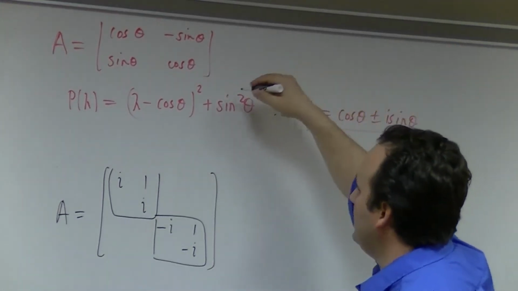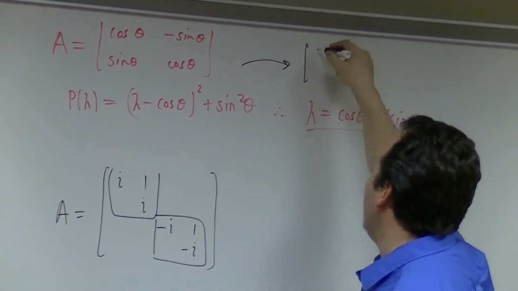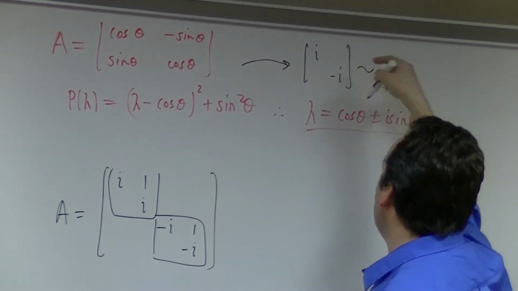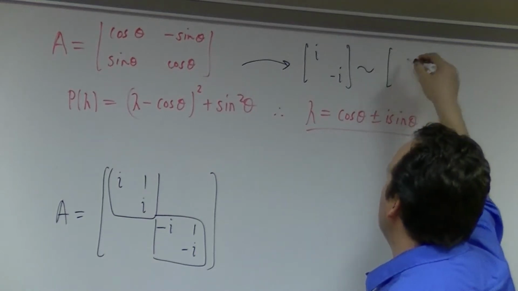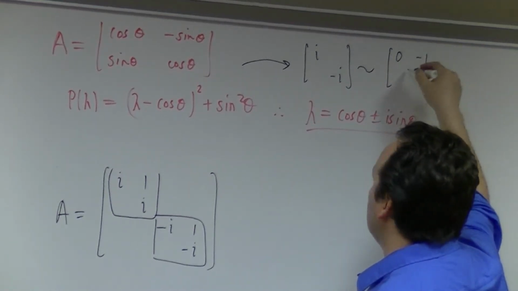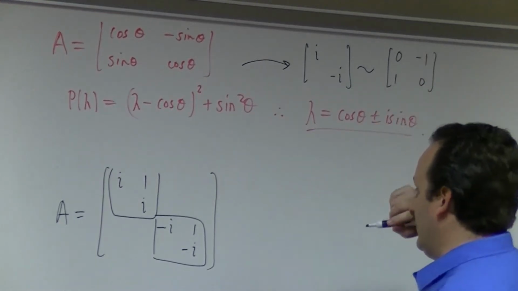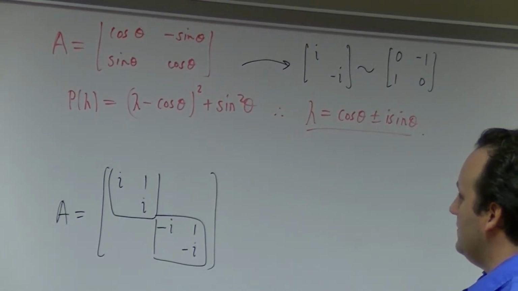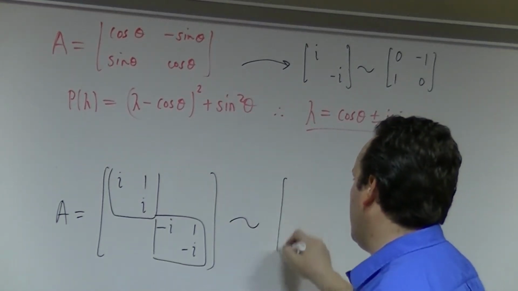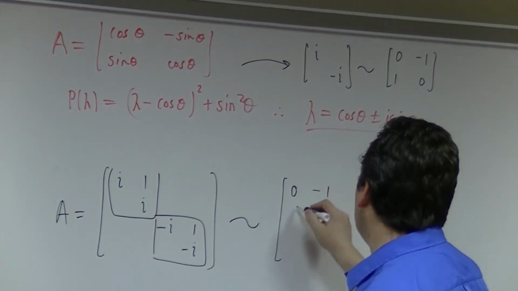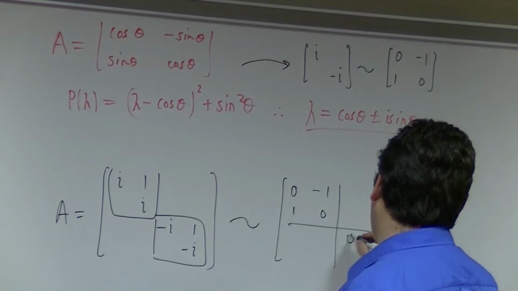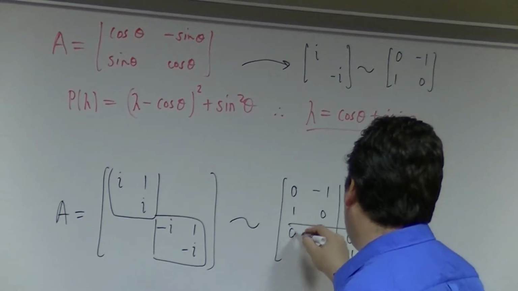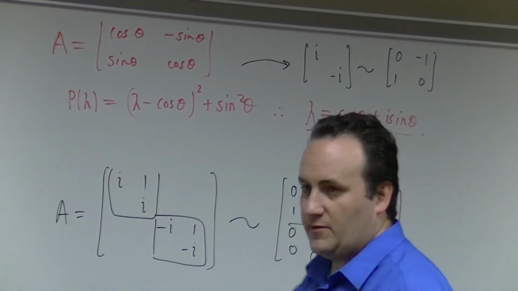If in the complexes I do a similarity transformation and I end up with i and minus i, then the real Jordan form corresponding to that is, I think, 0, minus 1, 1, 0. I believe the real Jordan form will be 0, minus 1, 1, 0, 0, minus 1, 1, 0, and then you end up with blocks up here. So something like that is the real Jordan form.